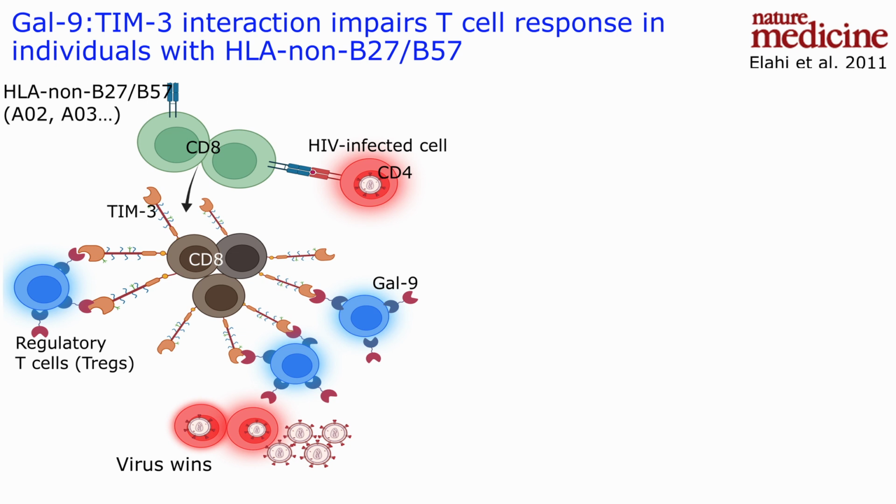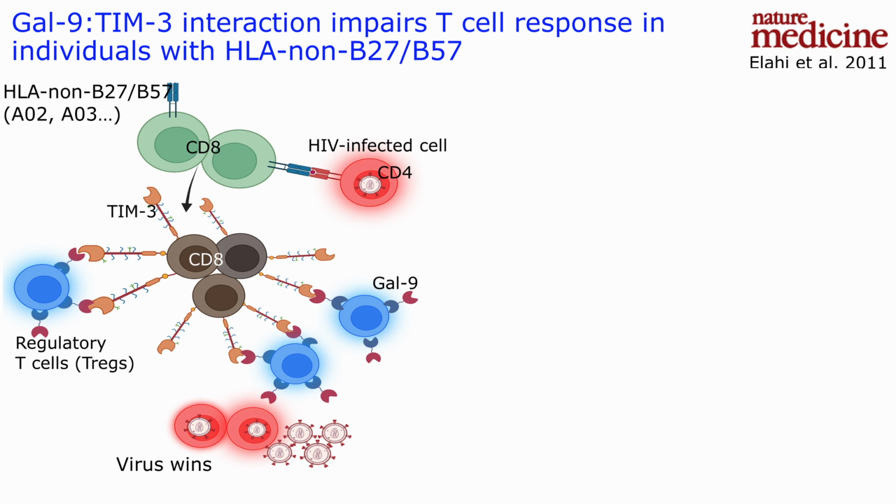And those that are restricted by non-B27/57, when they see antigen, they upregulate tons of TIM3. And then a subset of immune cells, we call them regulatory T cells or Tregs, are like policing the immune system. Their job is immune regulation. If the immune cells become highly activated, they tell them no, stop, because you can cause collateral damage. These are very important in immune homeostasis. And we found that these regulatory T cells express galectin-9.